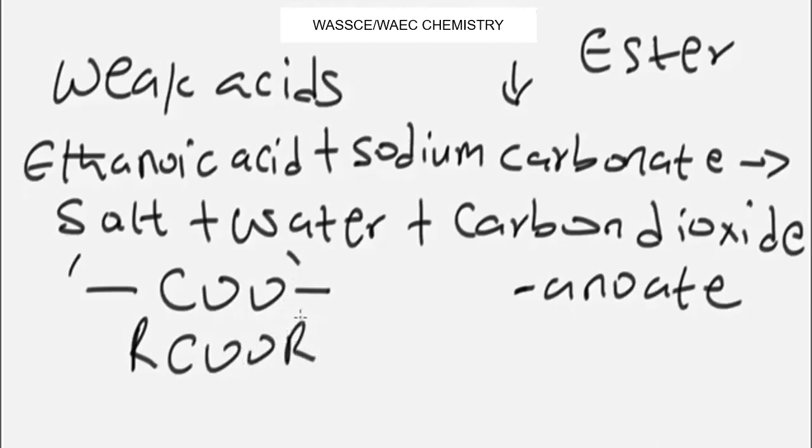Now, esters are formed from an alcohol and a carboxylic acid. Very important. Note that an acid catalyst is usually used in the reaction between an alcohol and a carboxylic acid to produce an ester. Take note of that.